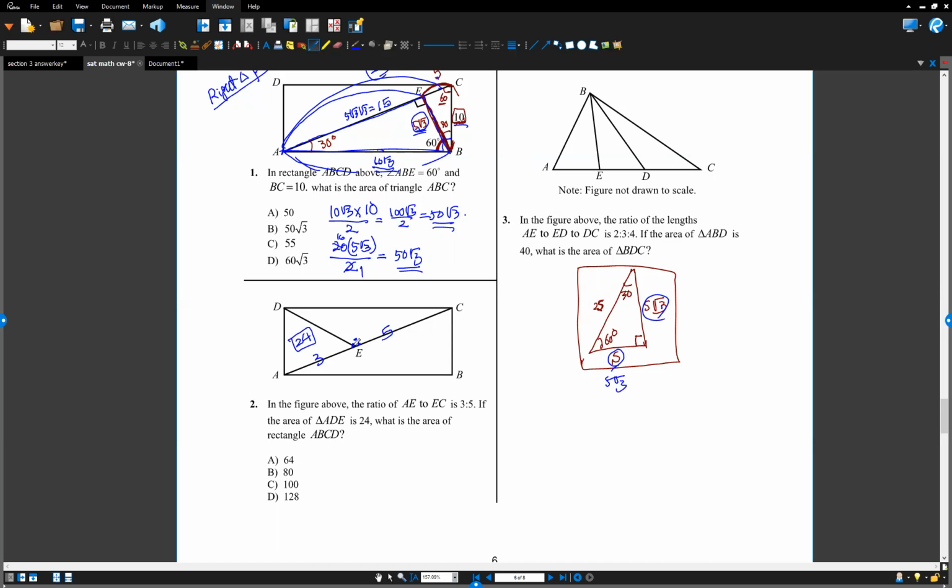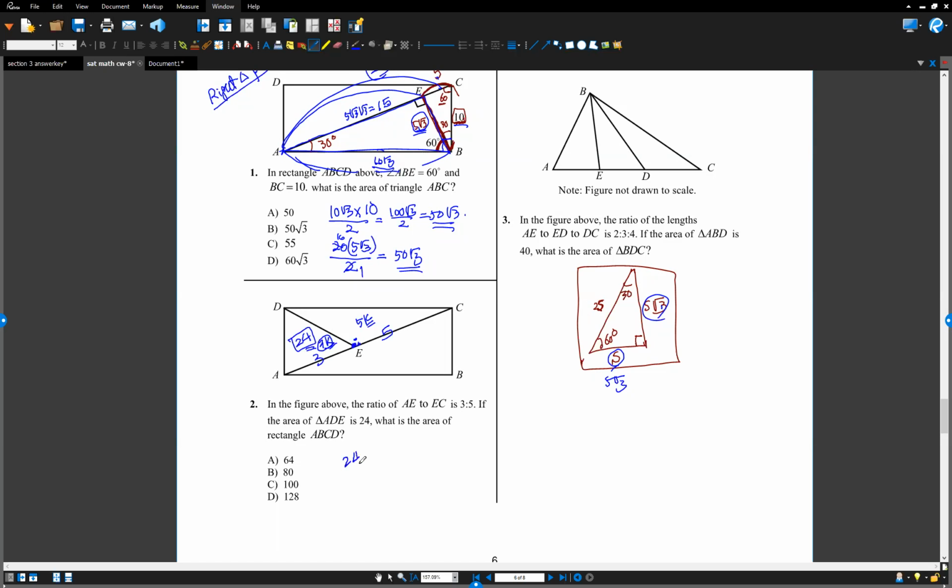What is the area of the other triangle? With the common height, the areas are also in the ratio 3 to 5, right? Maybe you can write it down. If this area is 3k, the other area is 5k. That's the easier way. Using k, you can express the areas. The ratio of these two areas is 3k to 5k, which is 3 to 5. But this 3k equals 24. It's given. Now you can find the value of k.